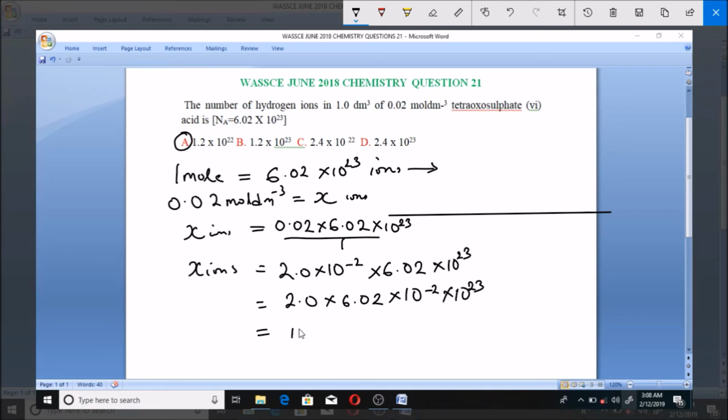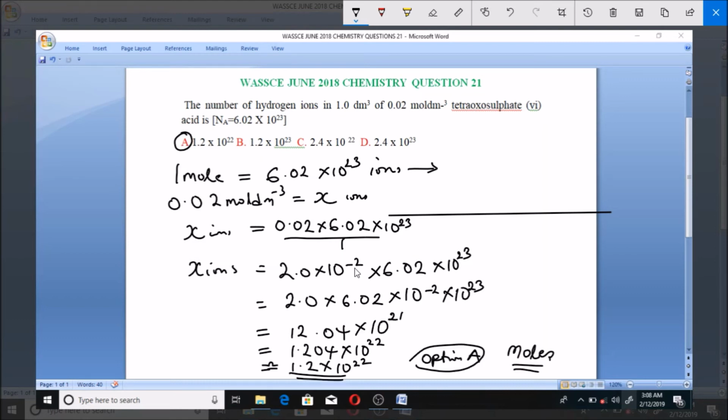So now you take like terms together, 10 to the power minus 2 and 10 to the power 23, to one side. So 2.0 times 6.02 will give us 12.04. Now, since the bases are the same, we have 10 here and 10 there, so you can simply add up the indices. Minus 2 plus 23 will give us 21. That's how we have this.